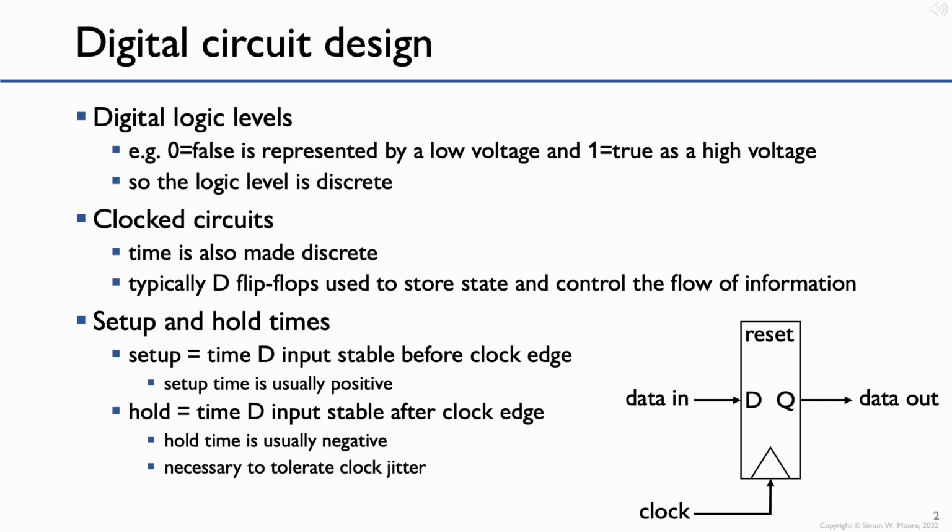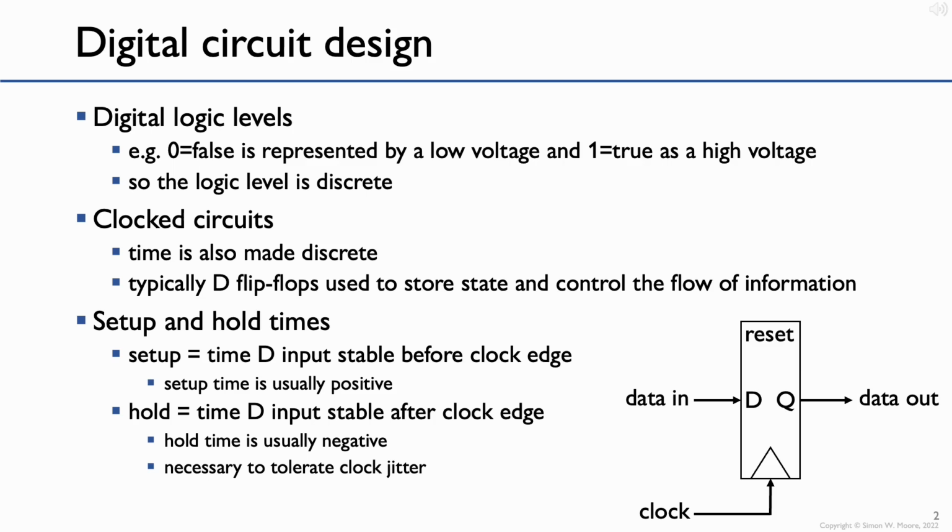Clocked, what does that mean? Clocking also causes time to become discrete, so that state propagates through the system in discrete time steps. And we tend to use D flip-flops to store state and control the flow of information through our circuits.